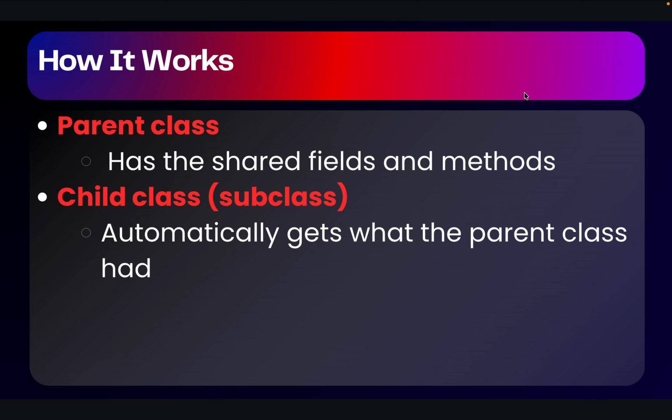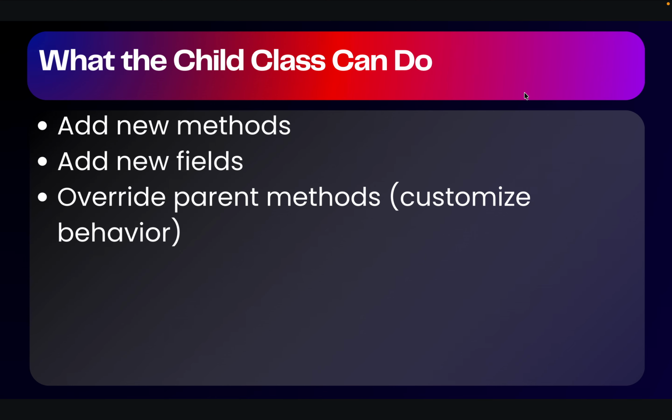One thing to note is you can have one parent class, but you can have multiple child classes built from that parent. The child class is basically used if you want to add new methods or fields that maybe the parent doesn't have, and it can also override the parent's methods, so basically customize the behavior that it has.